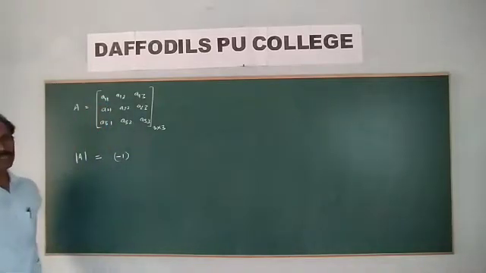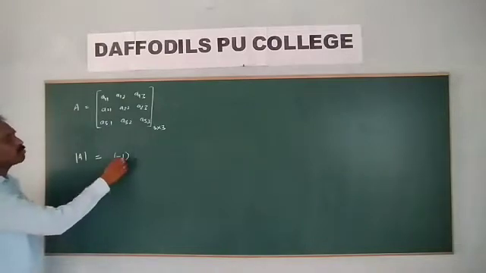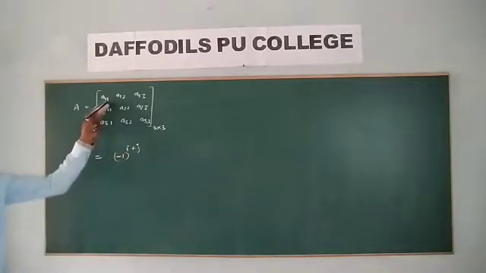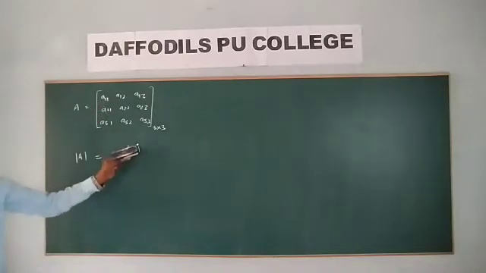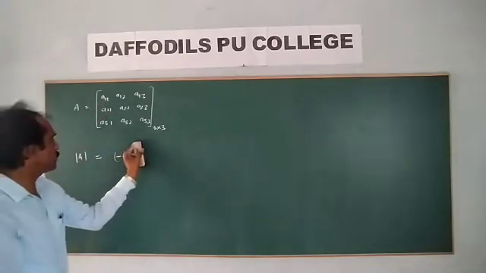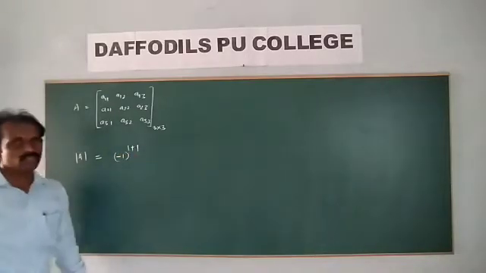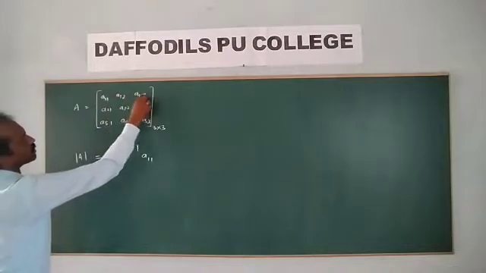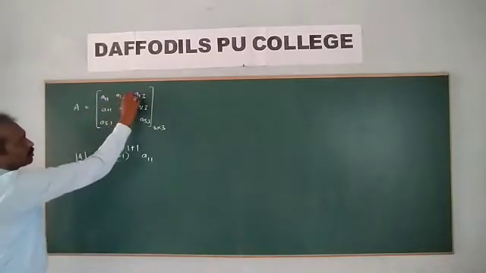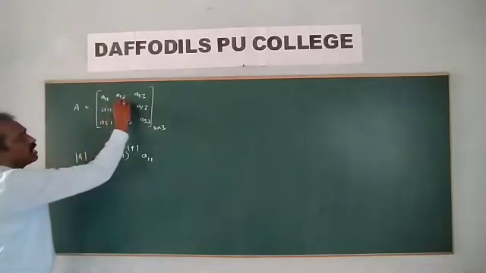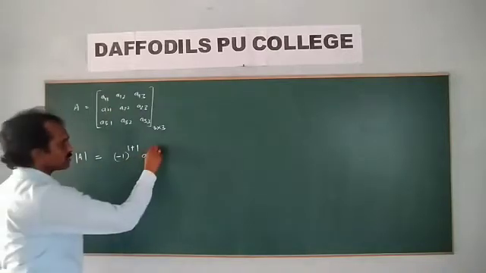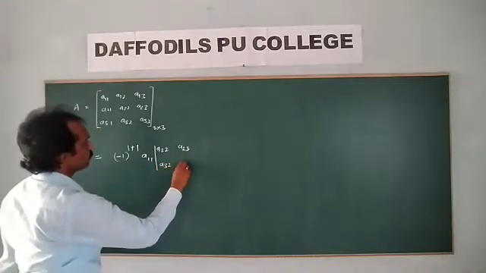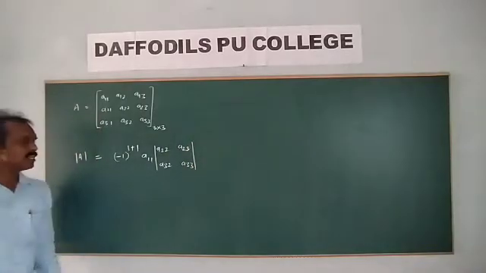It is in the first row and first column, so i is 1 and j is 1, giving (-1) to the power of 1 plus 1 times a11. Delete the corresponding row and column, and consider the determinant of the remaining elements: a22, a23, a32, a33. That is step one.